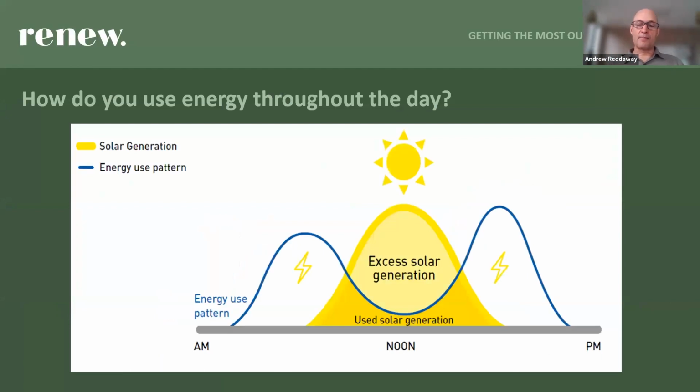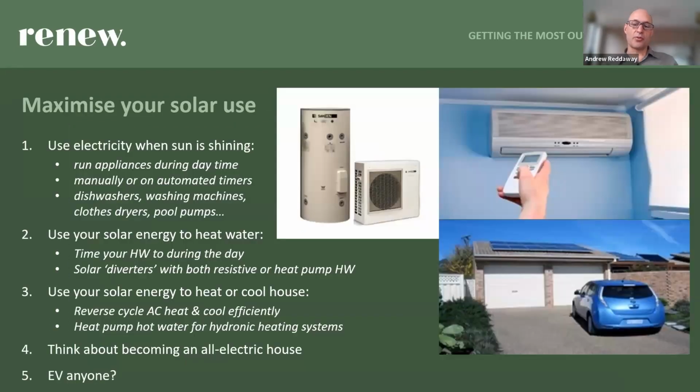So if you're generating in the middle of the day, then you can have a bit of a mismatch between when you're doing most of your generating and when you're doing most of your consumption. So it makes sense to try and consume more energy around the middle of the day if you've got solar panels on the roof. So hot water is a great way to do that.